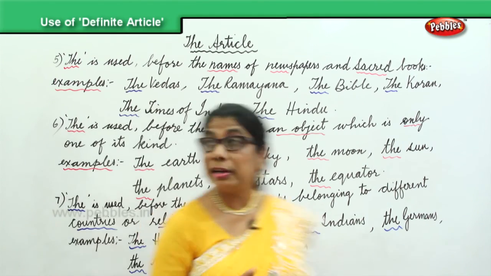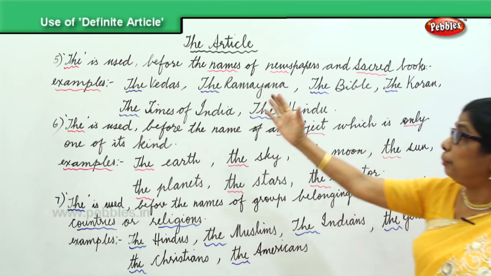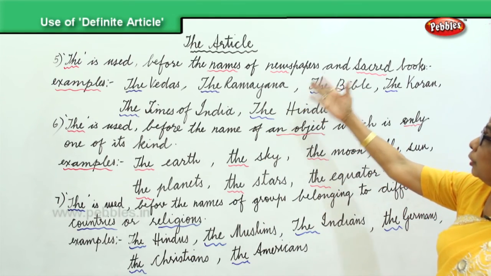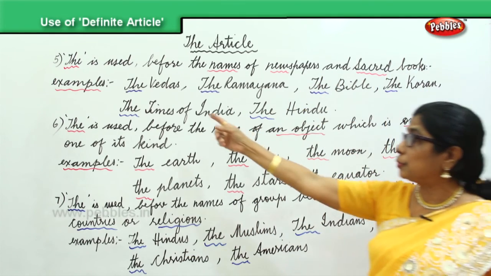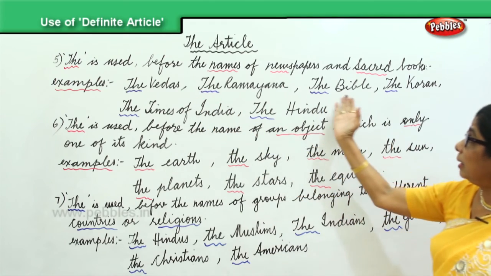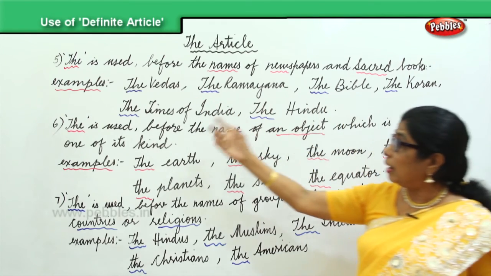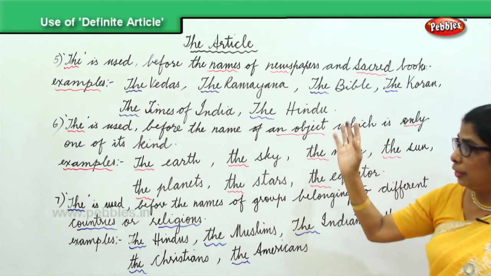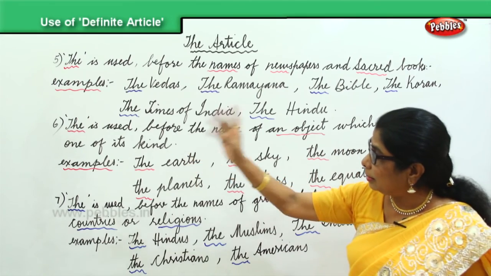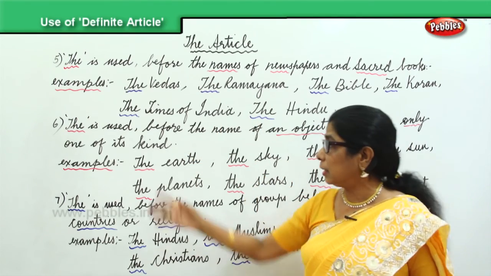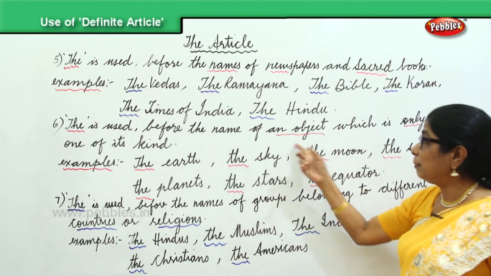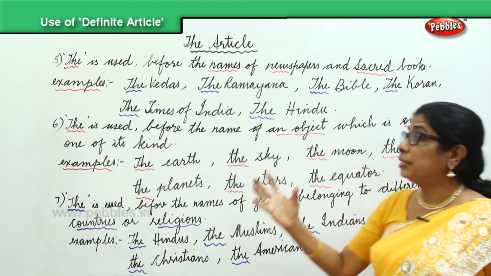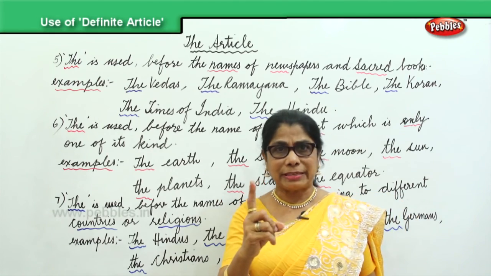The definite article the is used before names of newspapers and sacred books: the Vedas, the Ramayana, the Bible, the Quran, the Times of India, the Hindu. The sixth category, the definite article the is used before the name of an object which is only one of its kind.